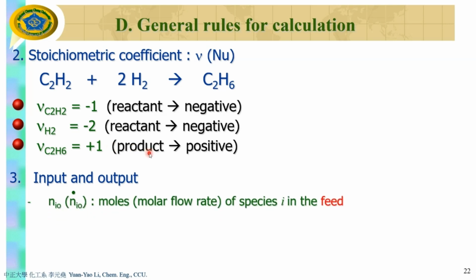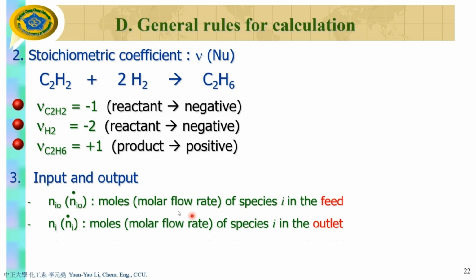So again, for the input and output, the input is n_i0, where this single i is related to the species. Okay, i is the species. It can be C2H2, it can be H2, right? And n_i dot is for species i, and likewise for the outlet.